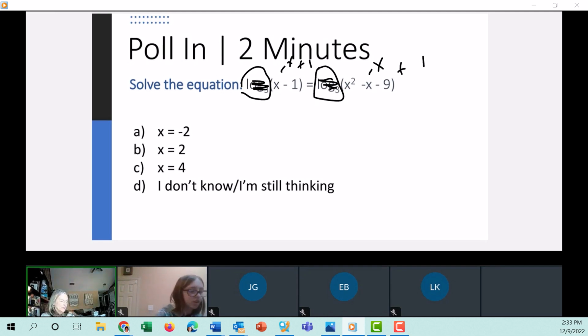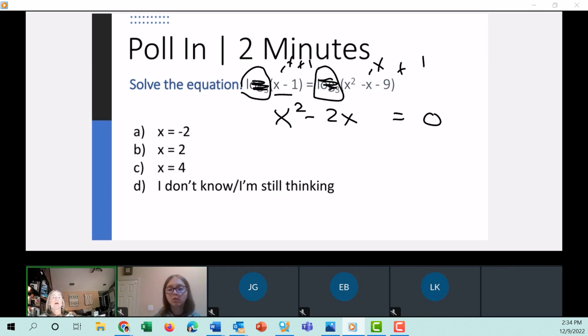Give you some time to work on that. All right, over on this side, we've got 0. I'm going to go ahead and flip it around. Put 0 over on this side. And on this side, we have x squared minus 2x.